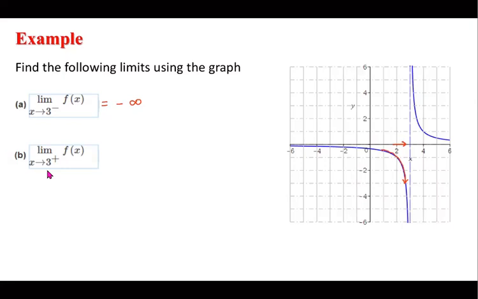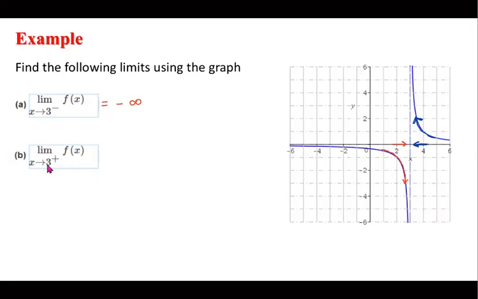Similarly, in part B, we want to find the limit as x approaches 3 from the right. When x approaches 3 from the right, from this side, you'll see that the graph goes all the way up to infinity.